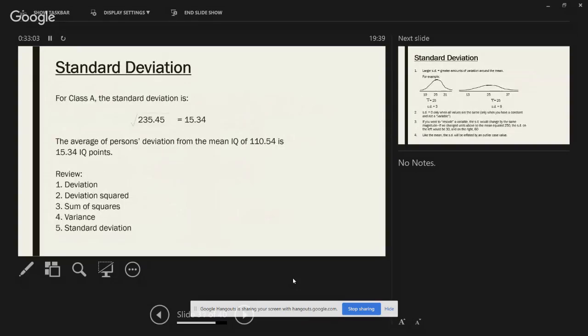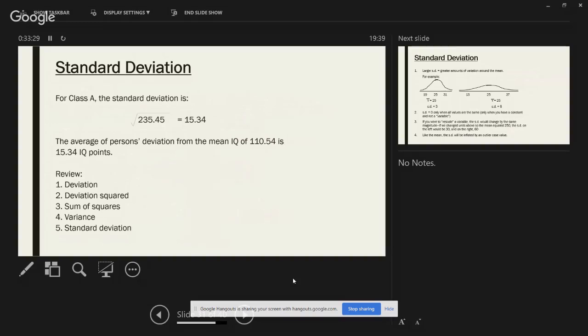For class A, it comes out to be somewhere around 15.34. So we know from this standard deviation that the average of a person's deviation from the mean IQ of 110.54 is 15.34. So this now makes sense.